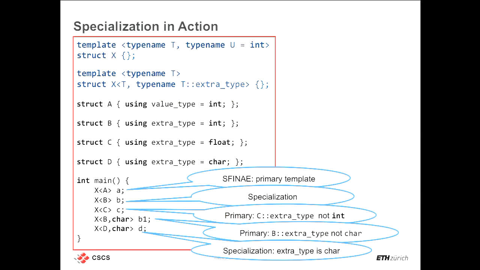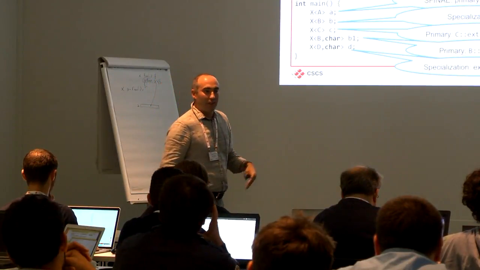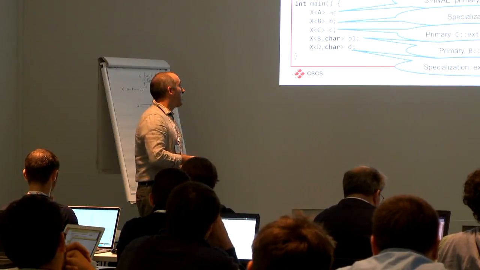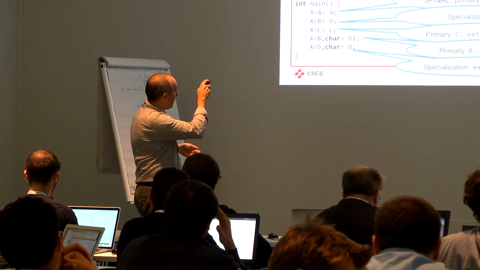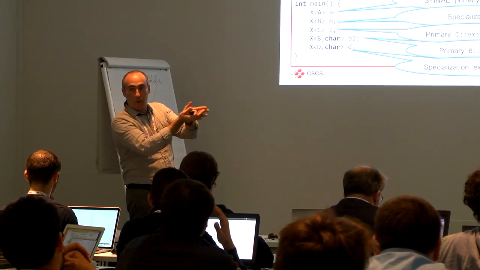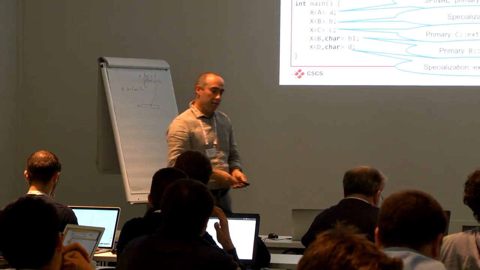This is a very convoluted example just to show you what happens. There's no real code of any kind, but it shows you the mechanism. So always go to the primary template, figure out what you're looking for, and search through the specializations.